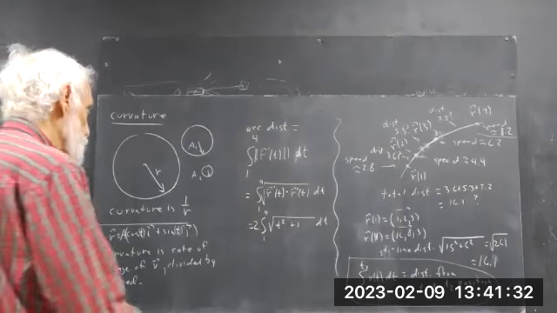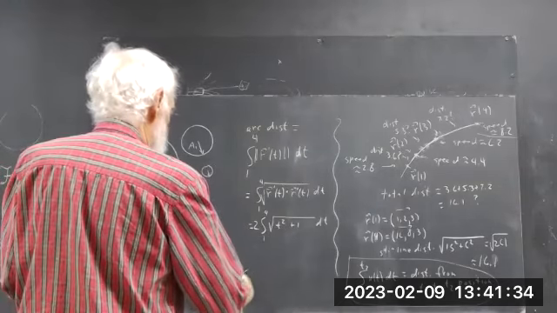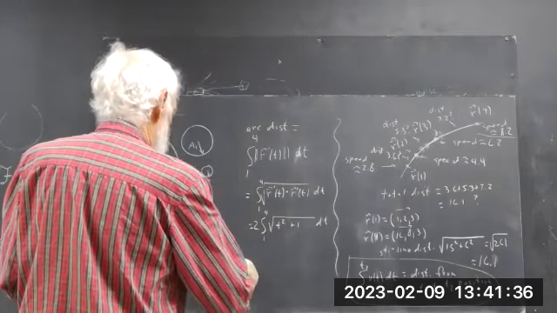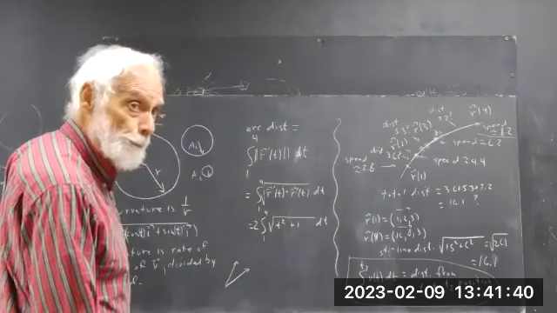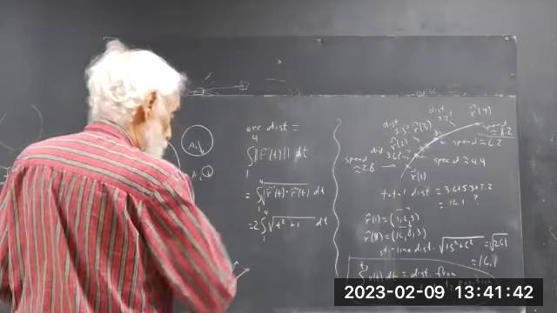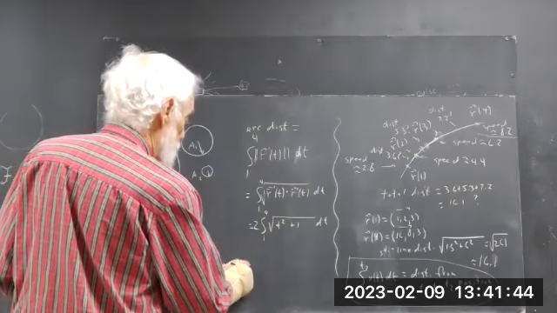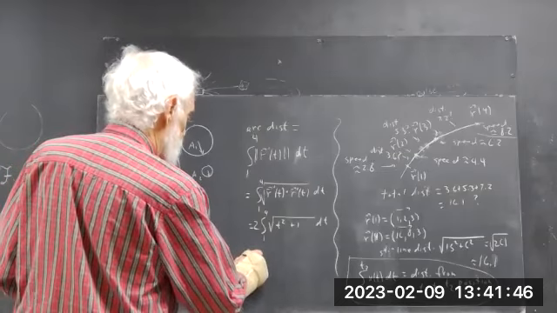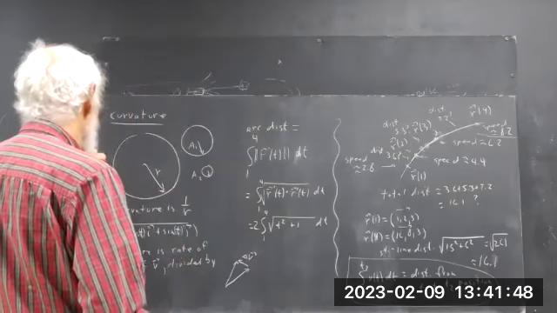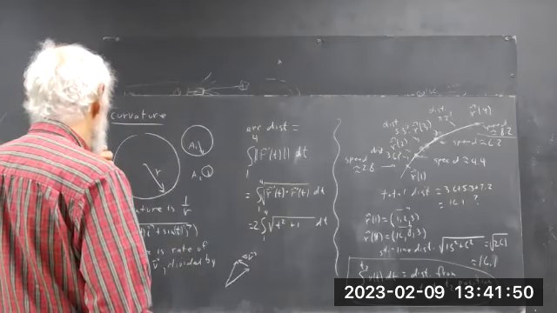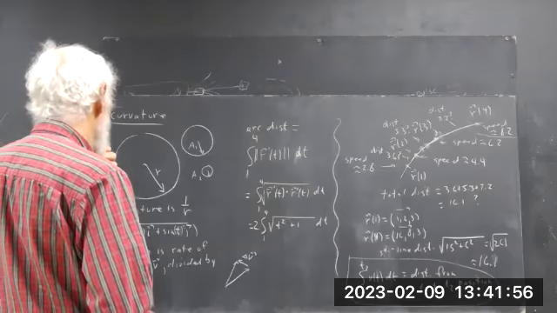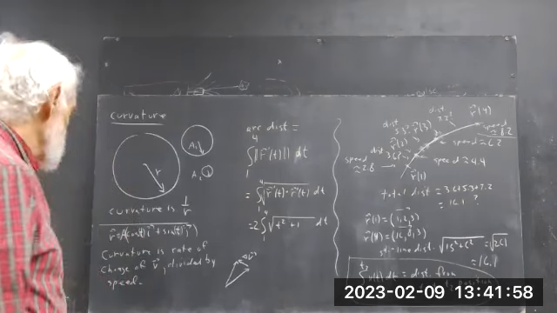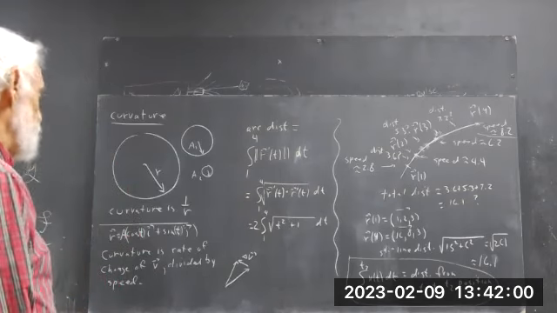And now what happens to your velocity vector around this curve? You have a velocity vector here, you have a velocity vector here, running around the curve this way. I defined it: the rate of change of velocity divided by speed.